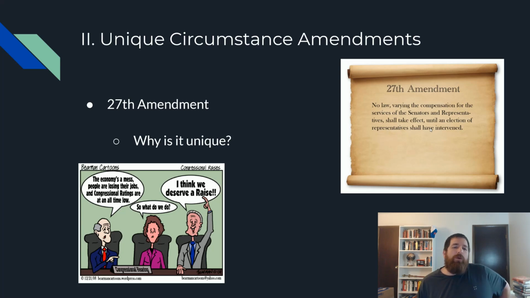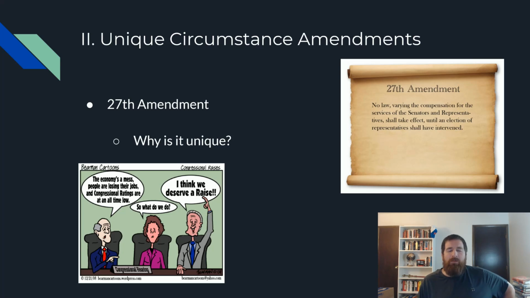And then lastly, we have the 27th Amendment. The 27th Amendment says that Congress cannot give itself a raise, at least not immediately. In other words, if Congress, who controls money, wants to give members of Congress a raise, they can do that, but that raise will not take effect until after the next election.